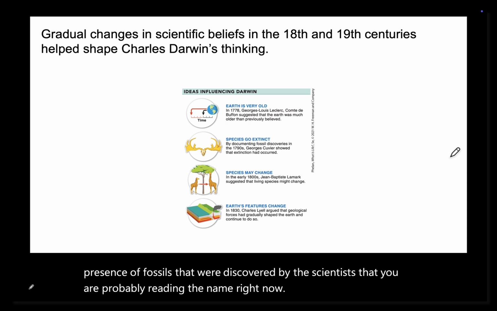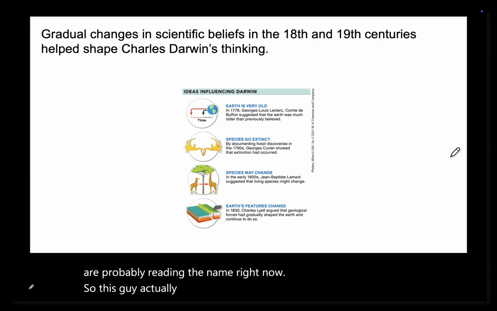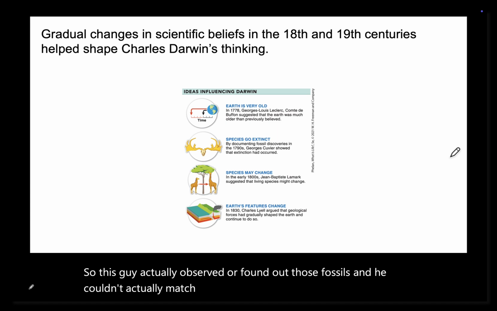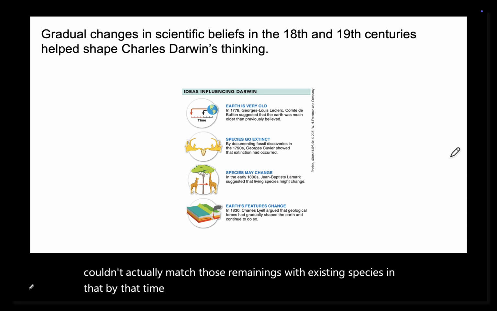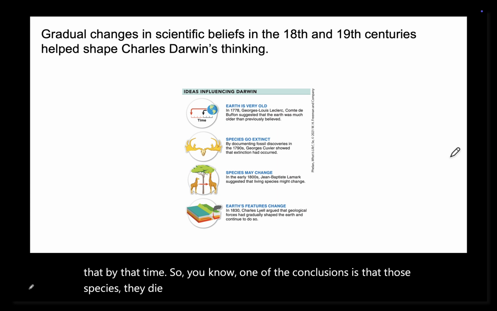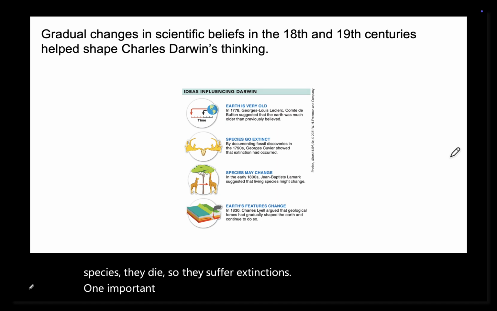So this person found those fossils, and couldn't match those remains with species existing at that time. So one of the conclusions is that those species die, so they suffer extinctions. One important idea as well was that those species change.